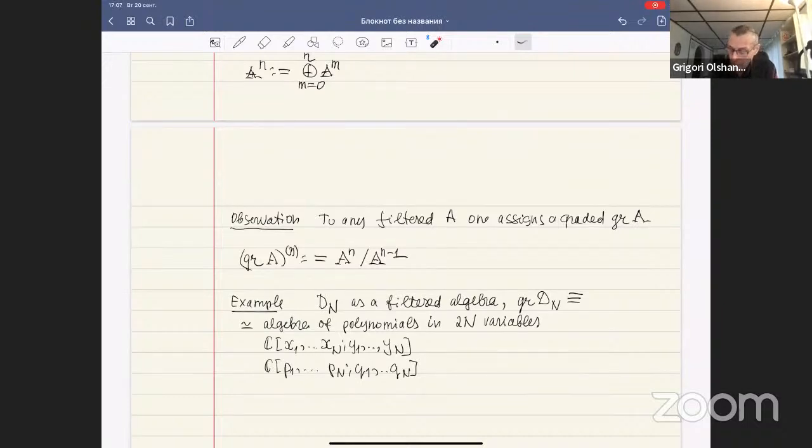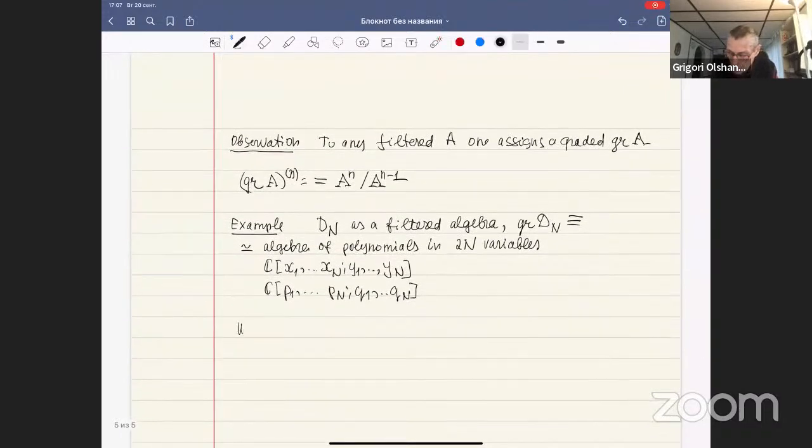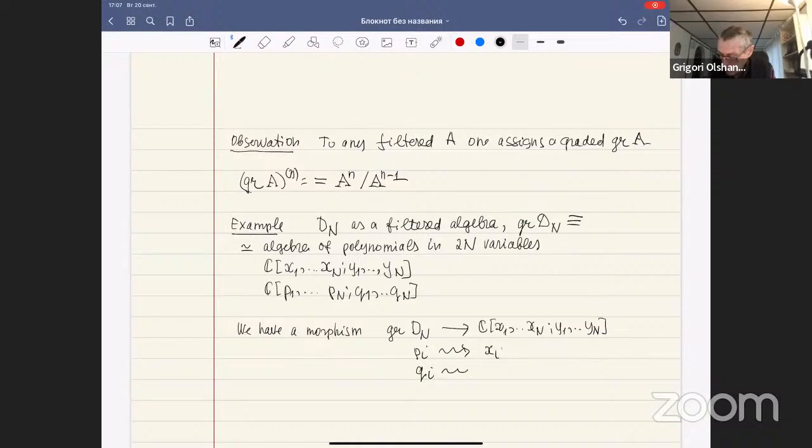So we have a map, an algebra homomorphism from our graded algebra to the algebra of polynomials. What does this mean?